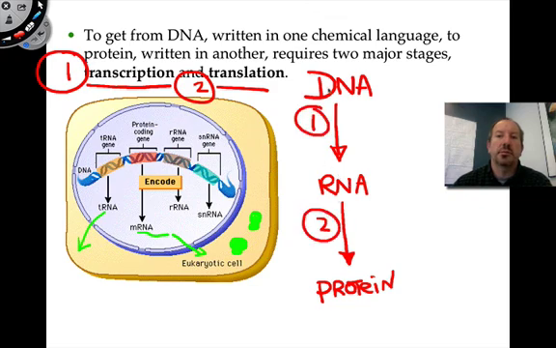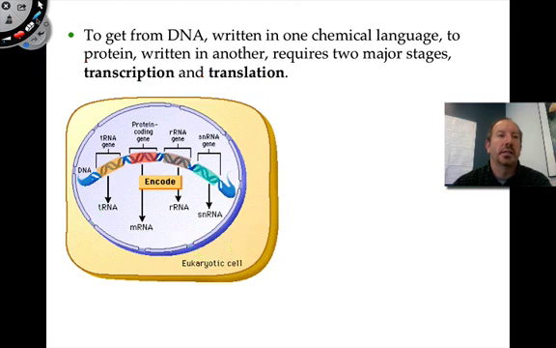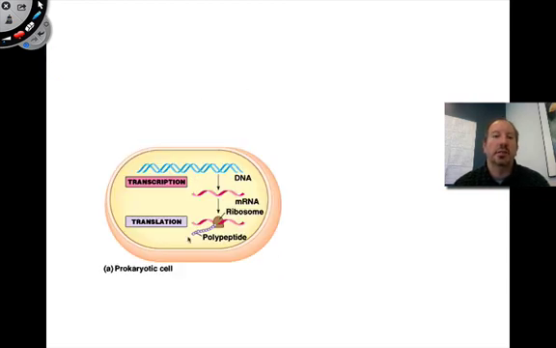This is transcription, the making of RNA. So hopefully that's clear. And so I put this picture on here because most living things on the earth are prokaryotic. And so transcription, the making of RNA, in this case messenger, happens right here in the cytoplasm, and then handy like this, the messenger RNA is translated into a protein also in the cytoplasm.